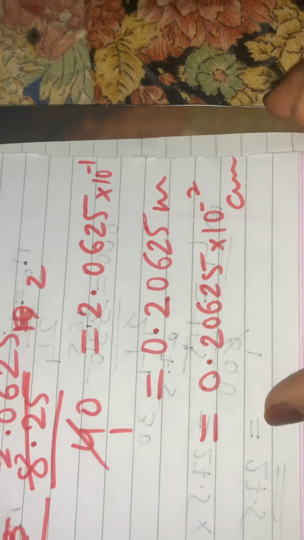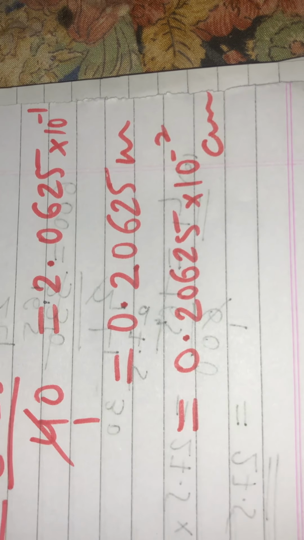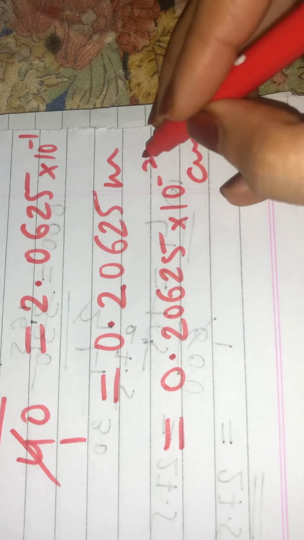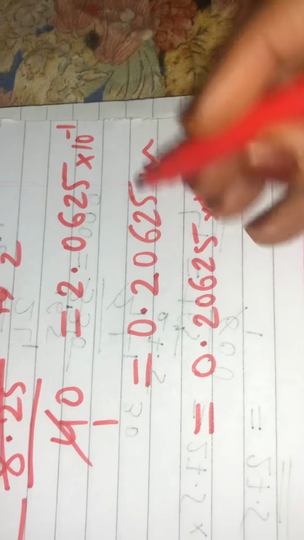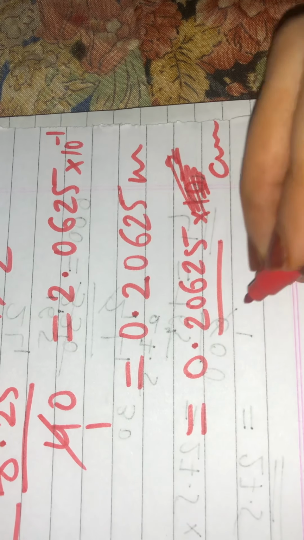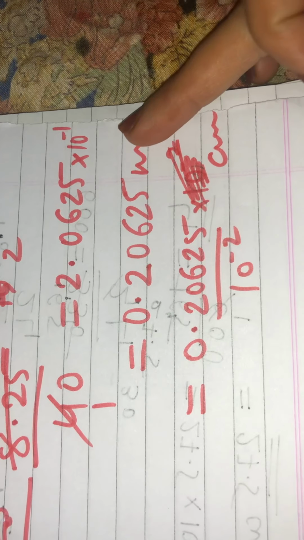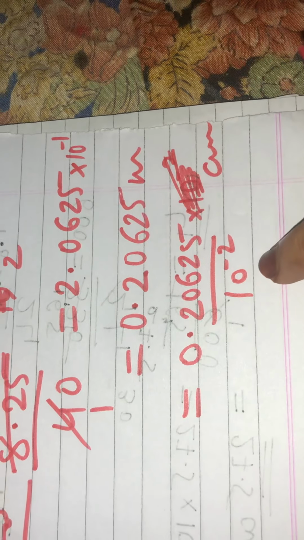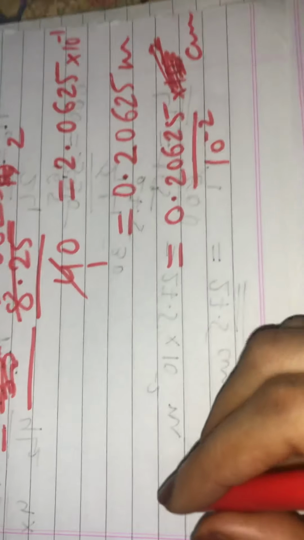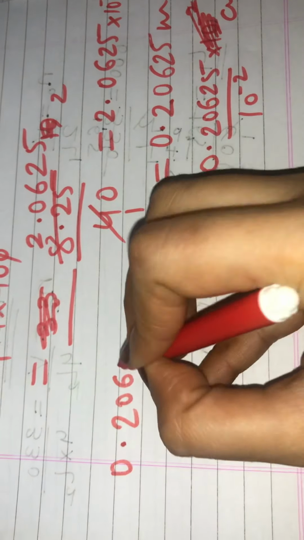No. See, now if I want to come from meter to centimeter, what I'll do, I'll divide with 10 raised to minus 2. Coming from meter to centimeter, I'll divide this digit with 10 raised to minus 2. So let's divide. So that gives me 0.20625.